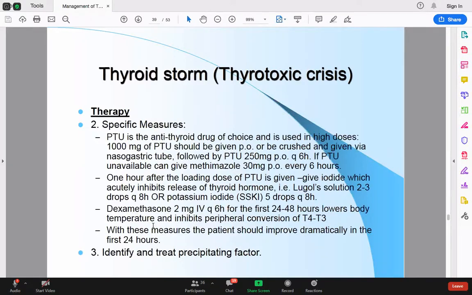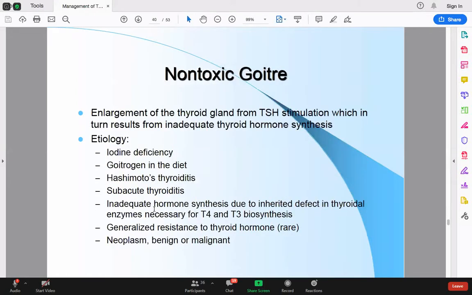And then you give them, of course, anti-thyroid medication. PTU is the drug of choice, and you give very high doses, and you may even give dexamethasone. Most importantly, identify and treat the precipitating factor.